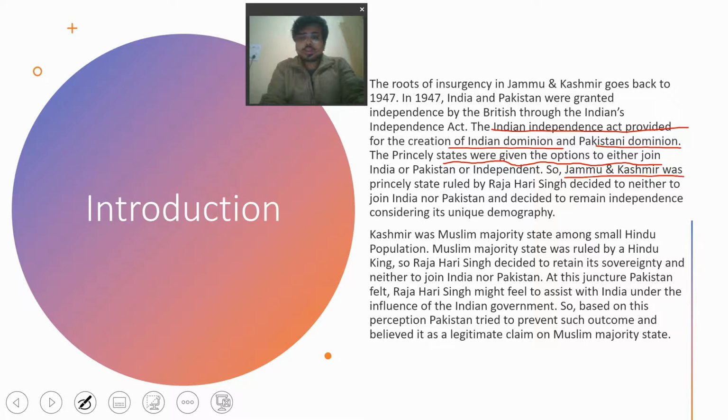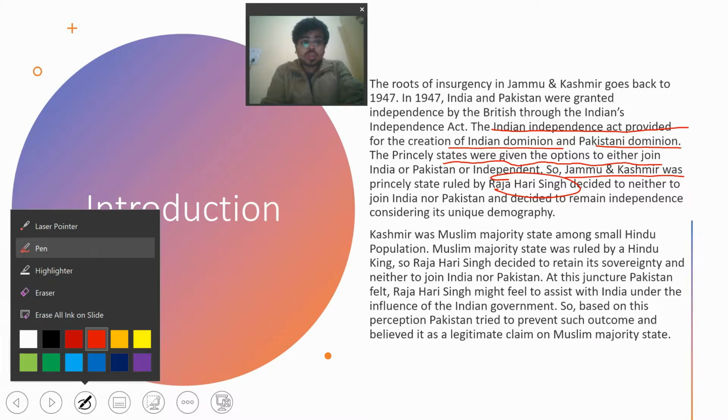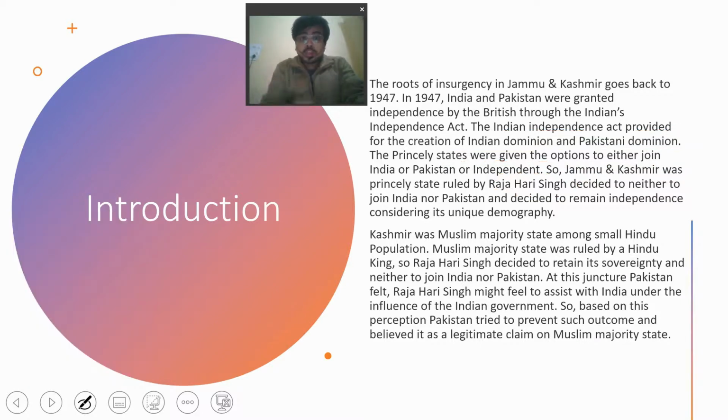Jammu and Kashmir was a princely state ruled by Raja Hari Singh, a Hindu ruler ruling over a majority Muslim population. A key point to mention is that Raja Hari Singh decided to join neither India nor Pakistan and remain independent, considering its unique demography.